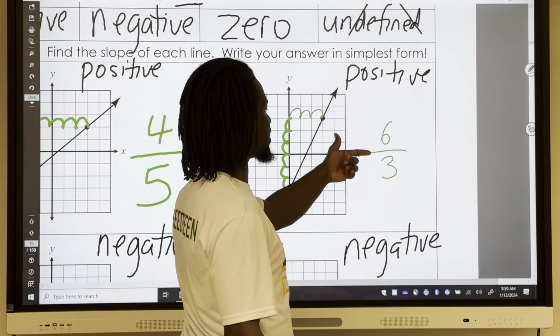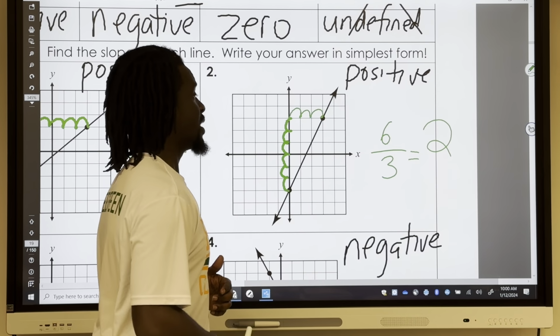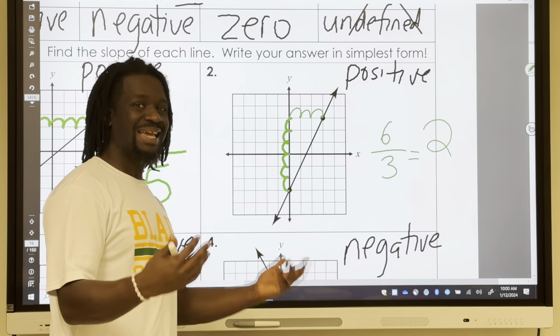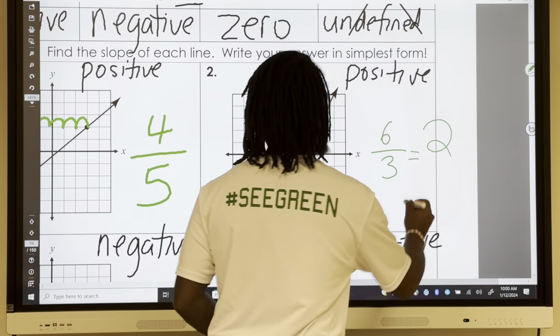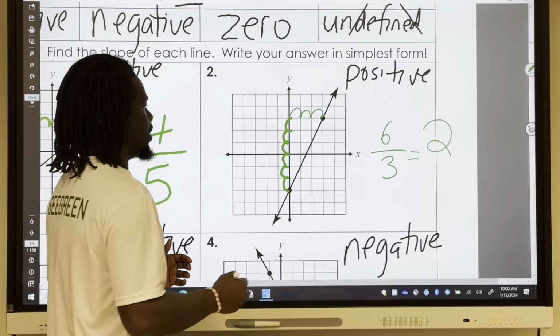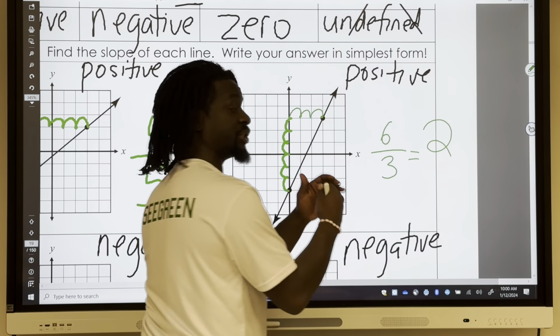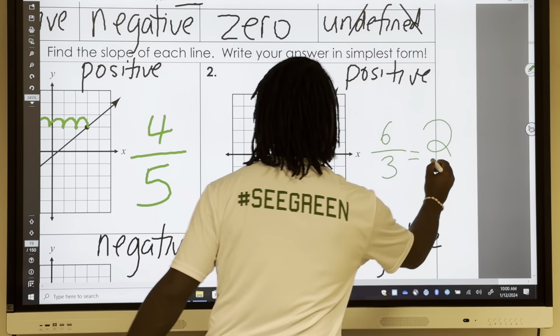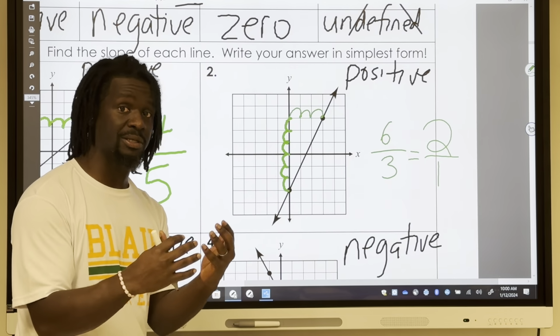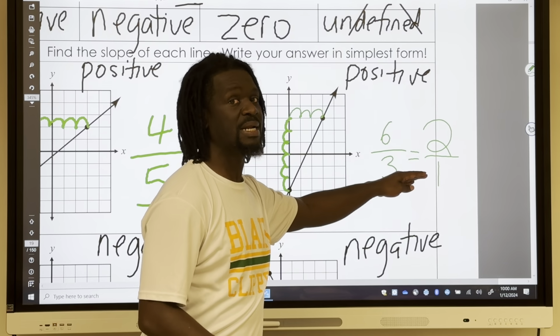Or you can think 6 divided by 3 is just going to give me 2, right? And so 2 is the answer. So 2 is the slope. And when the slope is just a whole number, I just want you to keep in mind that it really is like a 1 is underneath that. So even though this is just 2, when it's a whole number, it really just has a 1 underneath it, okay?